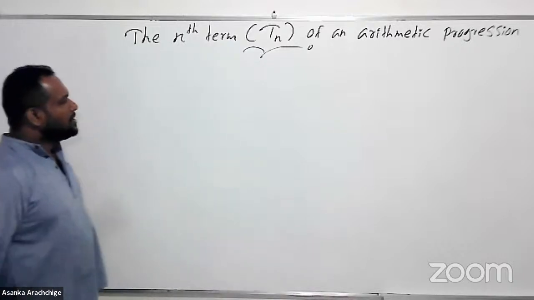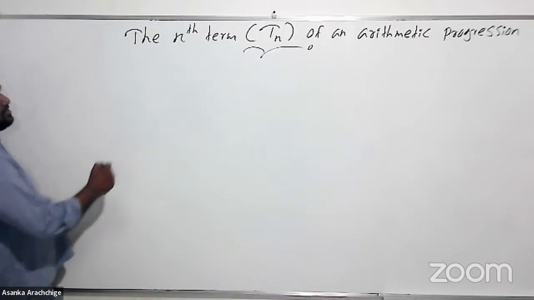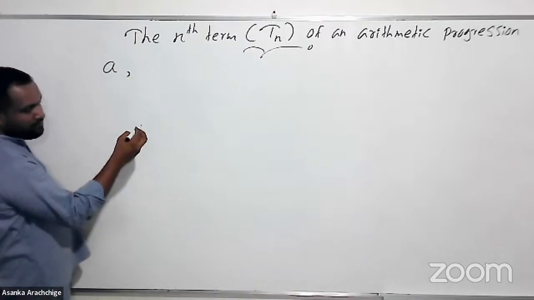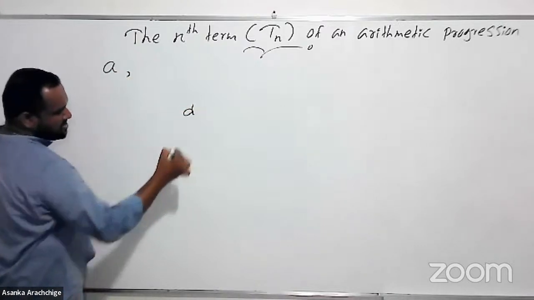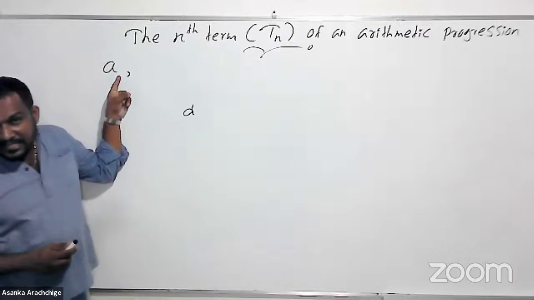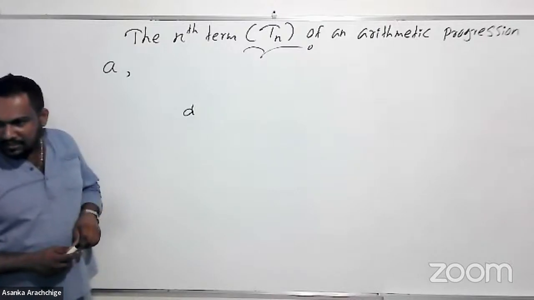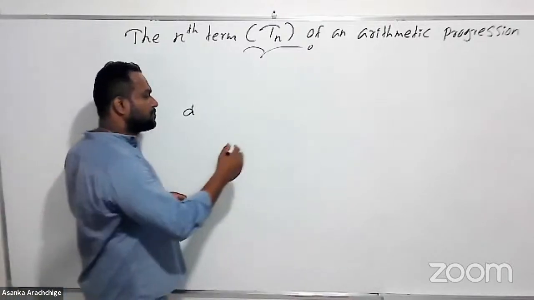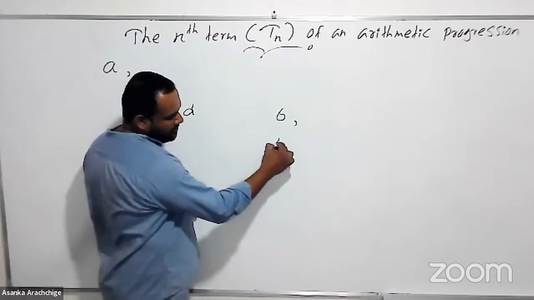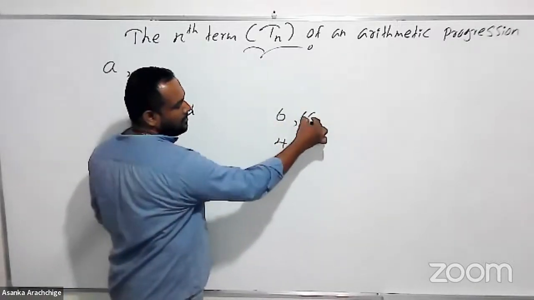For this, we use this standard form of arithmetic progression where the first term is A, common difference is D. Tell me, if the first term is A and common difference is D, what should be the second term? Think like this. If the first term is 6 and the common difference is 4, the second term is 6 plus 4, 10.